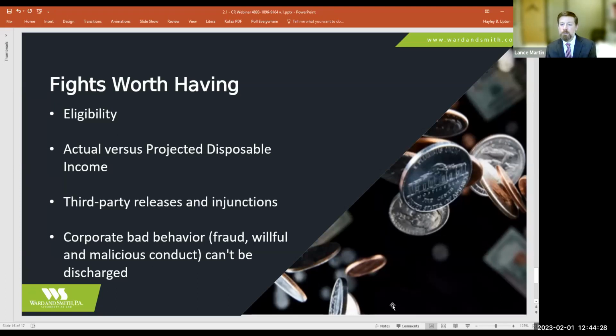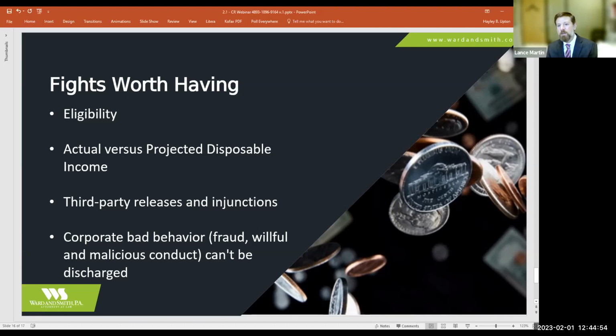The other one, and this is one you really have to watch out for, we see it all the time. So a company can file Subchapter 5, an individual can file Subchapter 5, but they have to do it separately. They can't combine and file a single bankruptcy petition.